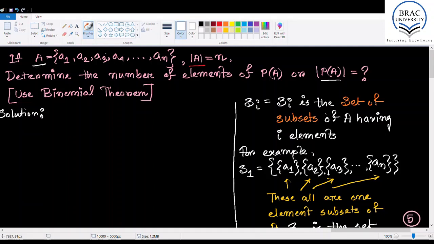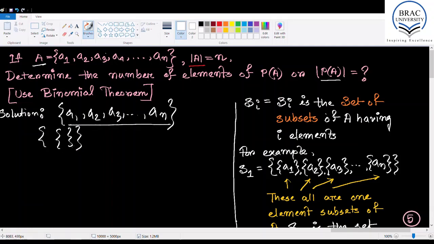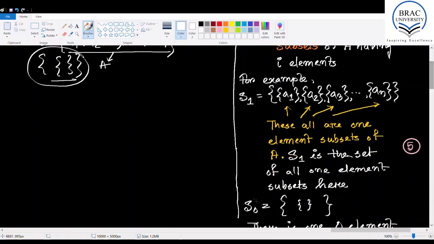So at first we will think in how many ways these power sets can be made. Power set is a set of subsets, right? Set of subsets. So at first there can be the set of 0 element subsets, because if you take 0 elements from this, you will get phi or null, and this is a 0 element subset of set A, and this whole thing refers to this.